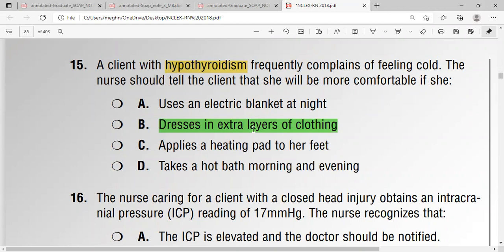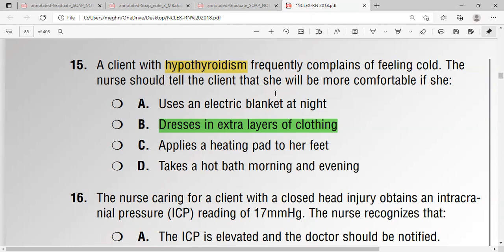Let me recap it. The patient who is diagnosed with hypothyroidism has decreased sensation and alertness.